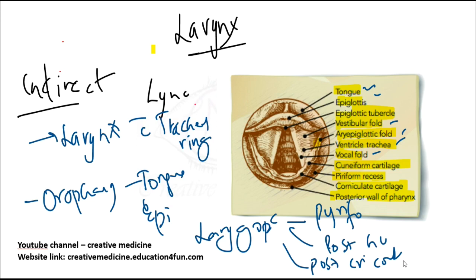Then in the oropharynx you can visualize the tongue, epiglottis and also the epiglottic tubercle. These are the oropharynx parts; those are the actual larynx parts. This is the laryngopharynx. You can visualize the piriform fossa and the posterior wall of the pharynx, and also the post-cricoid region. These are the things which you can visualize.